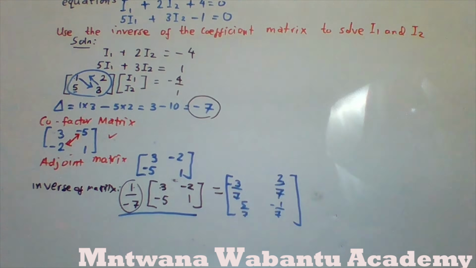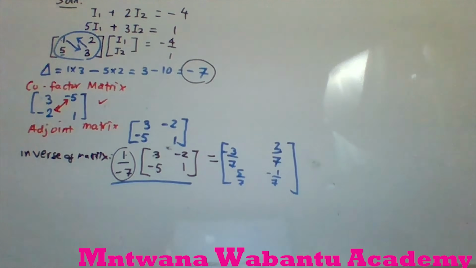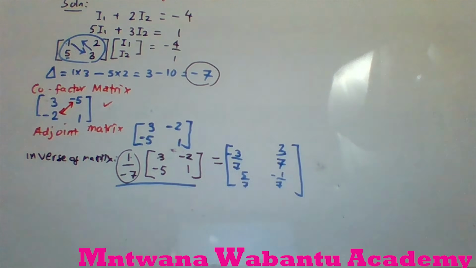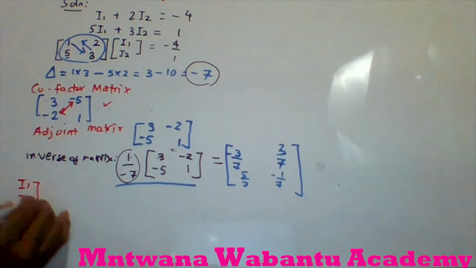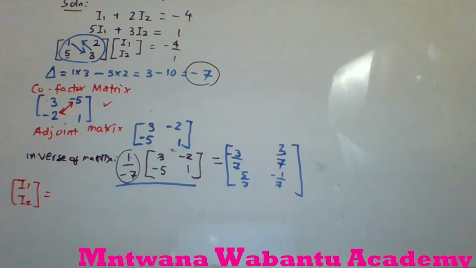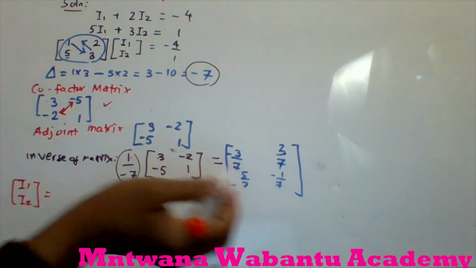Now to get our I1 and I2 that we're looking for, we say current 1 and current 2 is equal to the inverse of the matrix. What is the inverse of the matrix?